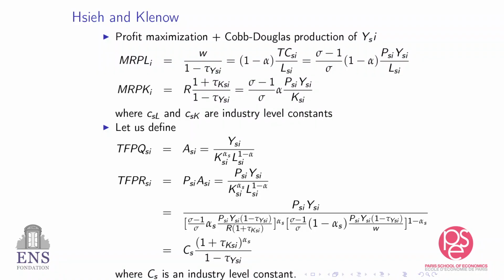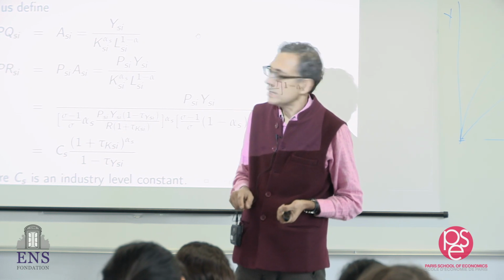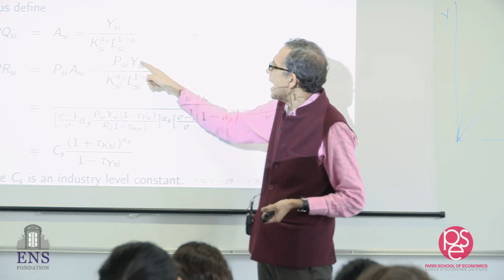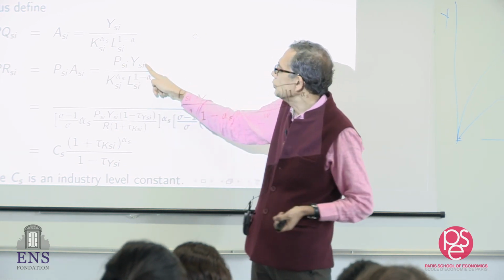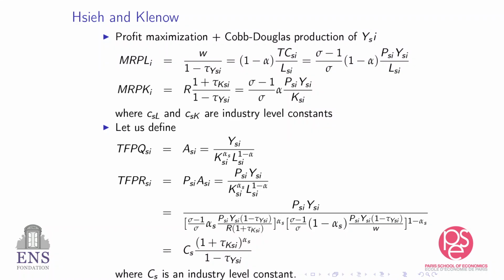TFPR is price times what we usually call TFP, which is this A term. That's equal to price times output divided by inputs, using the Cobb-Douglas. This comes from the Cobb-Douglas.